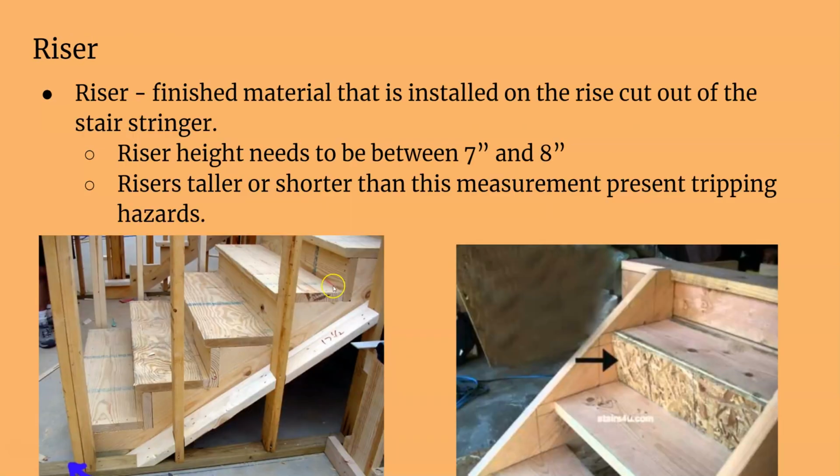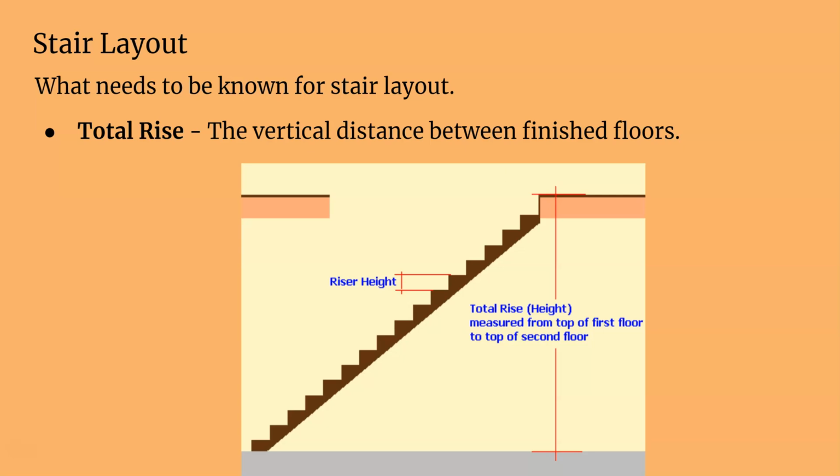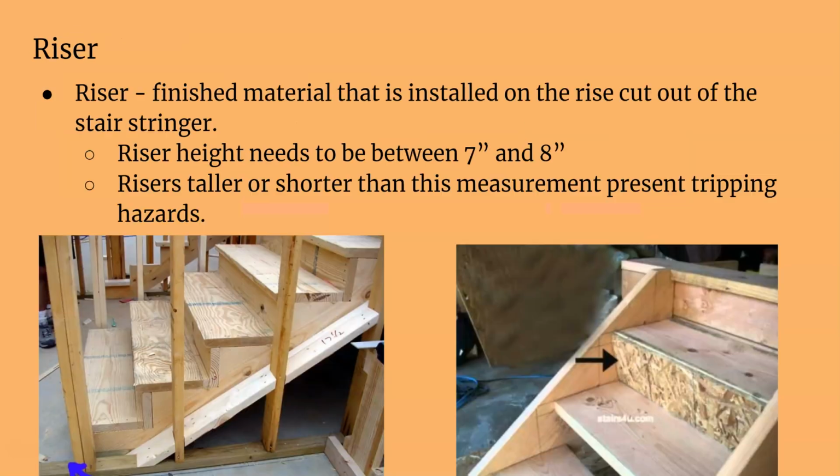All right, next is the riser height. Your riser is how high the space is from one step to the next. It needs to be between 7 and 8 inches. That's a key feature here. Anything different from 7 to 8 inches is going to feel unnatural to the foot.